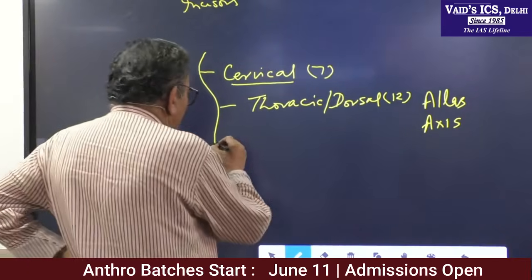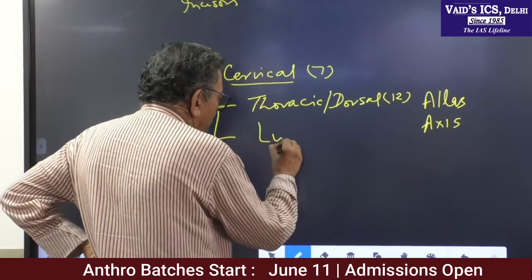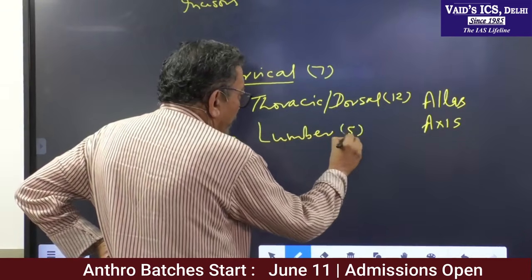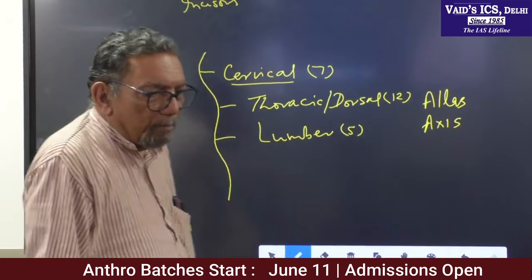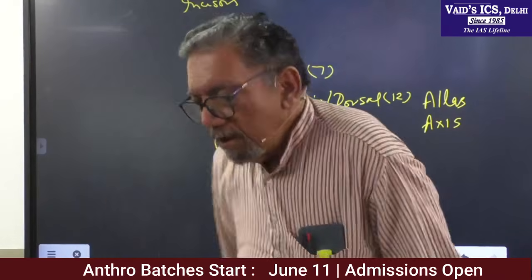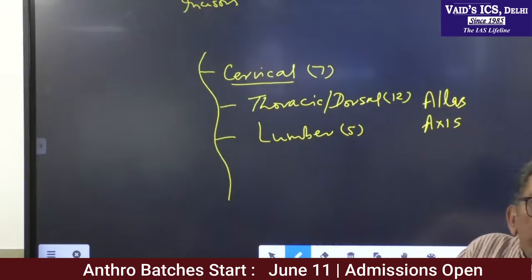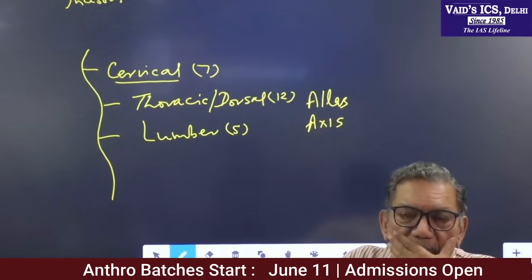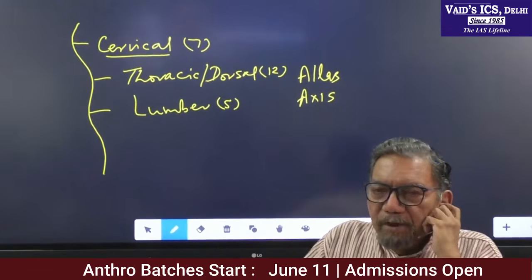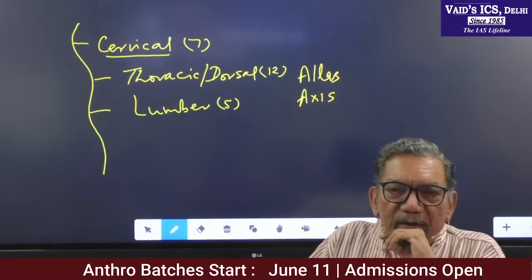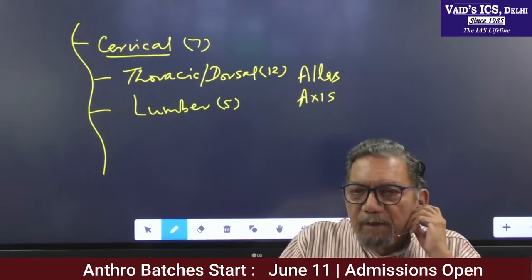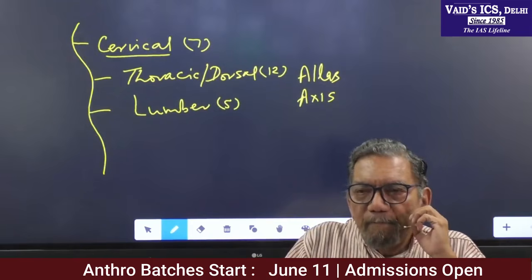The next five you have lumbar, a region most prone to slip disc. You have five numbers: L1, L2, L3, L4, L5. The doctor tells you there is a displacement in L3.